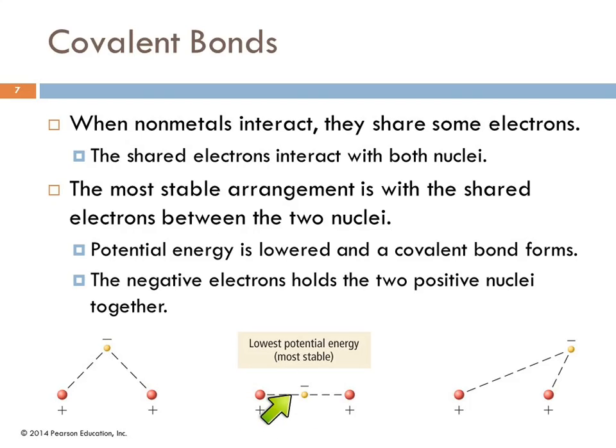Here the red circles are the nuclei, which have positive charges, and here's a shared pair of electrons, which has a negative charge. And when this is between, we have the maximum attraction. When these are over here, there's not as much attraction. And when they're over here, it's even less. And so this is the lowest potential energy situation, and that is a bond between those two nuclei.